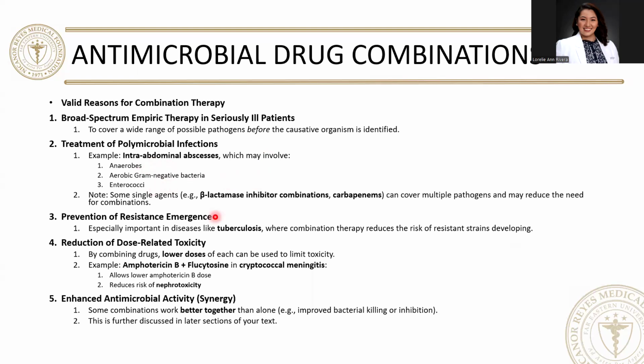Note that some single agents such as beta-lactamase inhibitor combinations or carbapenems can cover multiple pathogens and may reduce the need for combinations. Next is prevention of resistance emergence, especially in diseases such as TB, where combination therapy reduces the risk of resistant strains developing.